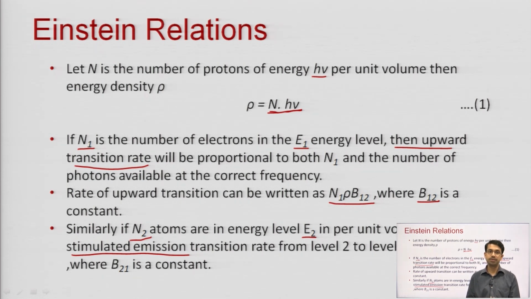Because for stimulated emission we need photons of correct energy. The downward transition rate from level 2 to level 1 will depend on the number of electrons in excited state, N2, times energy density rho, times a constant B21. Again, B21 is a constant.